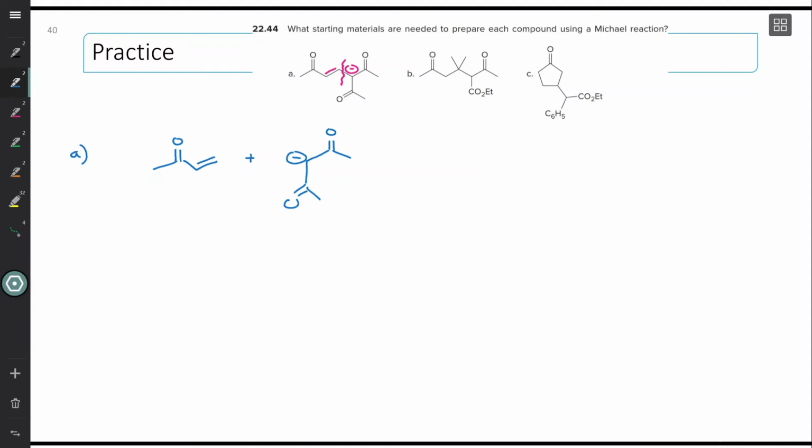Now, could I have broken it up maybe a different way? If I had said, okay, this is going to be my enolate, then I'm going to attack this conjugated carbonyl.